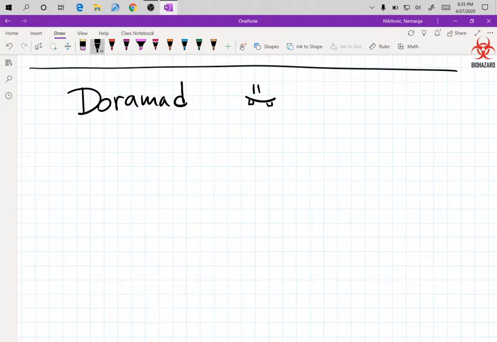Doormat, and I drew this smiley face with teeth, because it's fitting. Doormat is a very interesting toothpaste that goes all the way back to the Second World War. We're talking 1940s, 1942, 1943. If you do a quick search on Doormat in Google, you're going to come up with a lot of pictures with a tube and so on.